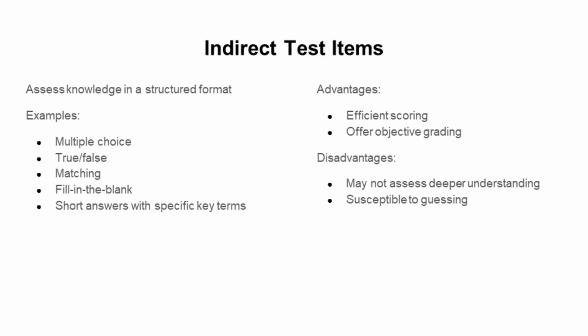Indirect test items offer a more structured format for assessment where students select answers from a set of choices. Its examples are multiple choice, true and false, matching, filling the blank, and short answer, requiring specific key terms and concepts.